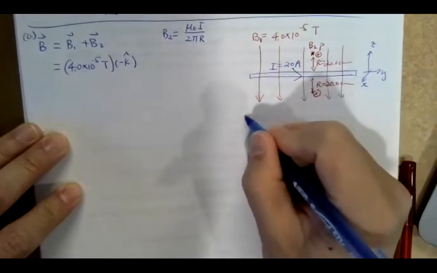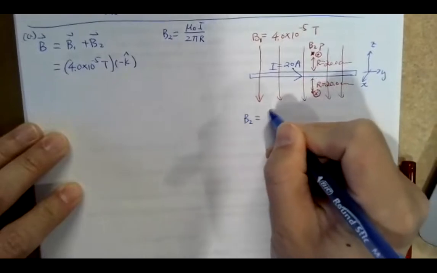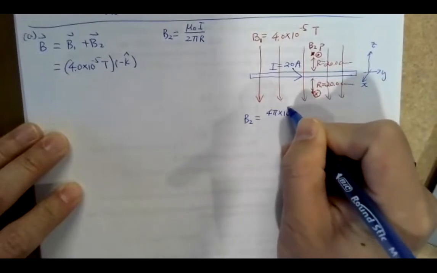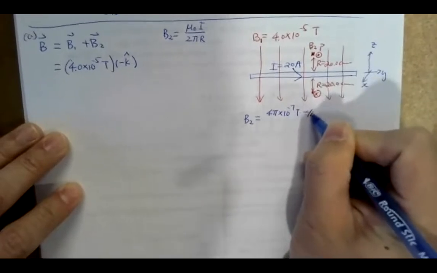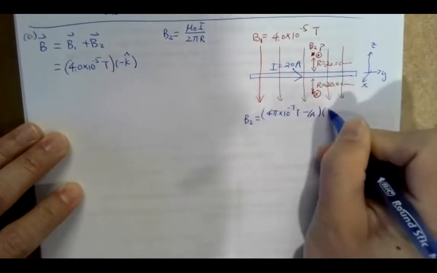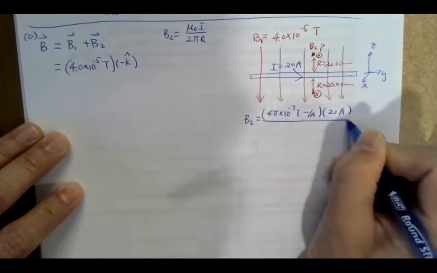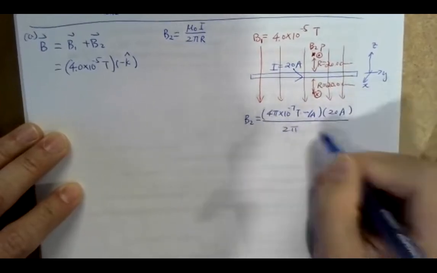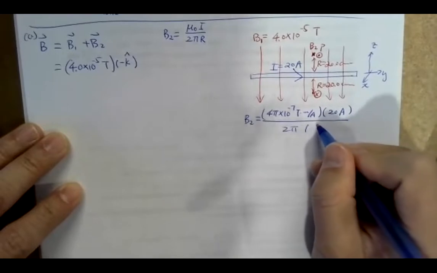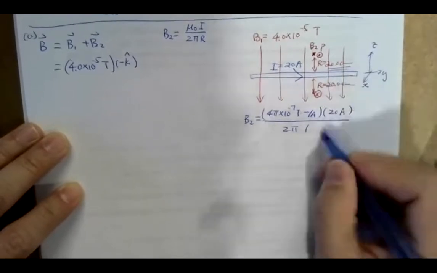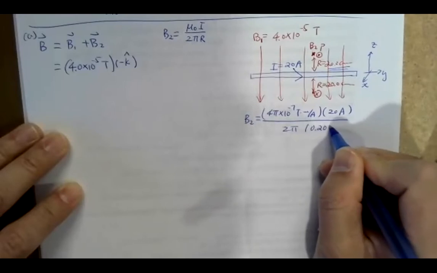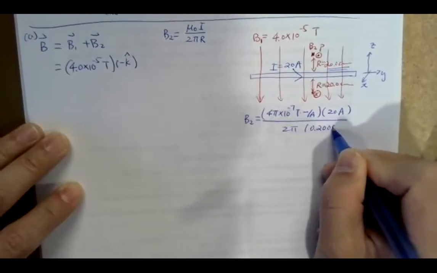You can calculate what's this B2. So B2 equals 4 pi times 10 to the minus 7 times I, 20 amps, divided by 2 pi times R, which is 20. This is in centimeters, so you want to convert it into meters. So 0.2 meters.